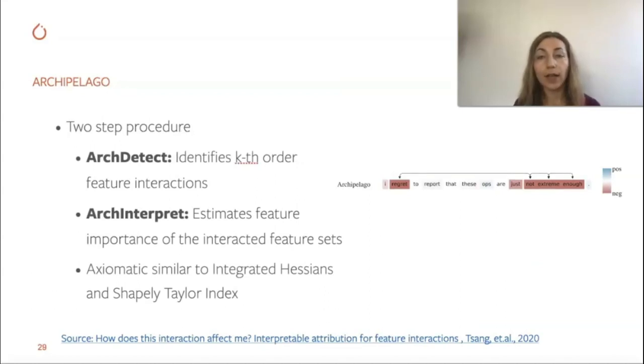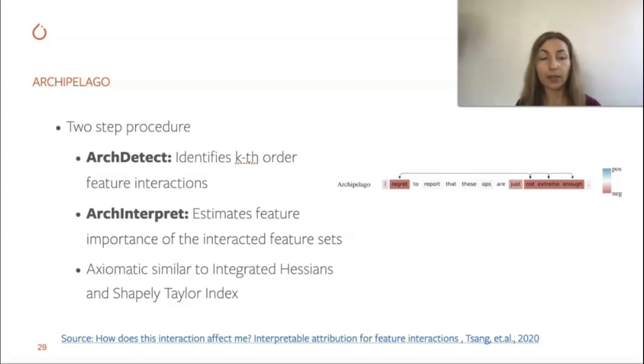Archipelago is another axiomatic approach, similar to integrated gradients and the Shapley-Taylor index. It consists of two stages. In the first stage, it estimates feature interactions, and it can also work on higher order feature interactions, not only pairwise feature interactions.